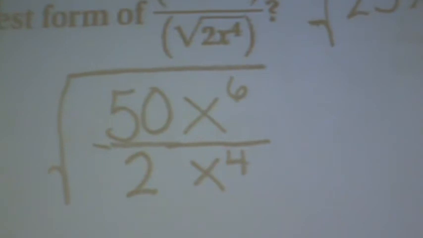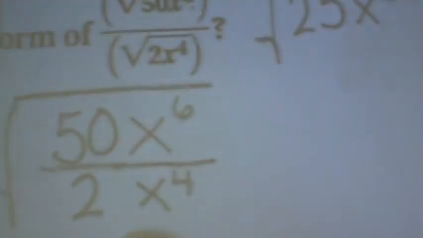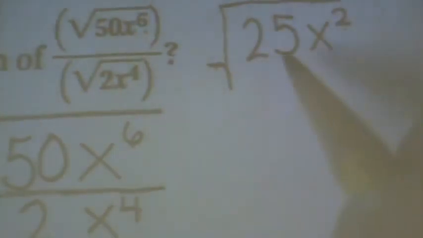We just did 2 goes into 50 25 times, and we have x to the 6 over x to the 4, which is x squared. That's all I wanted you to do. Right now is the division part. Now is the new stuff, the radical stuff.